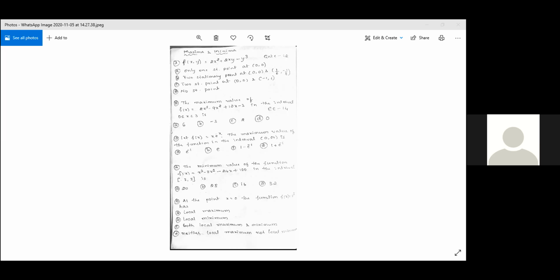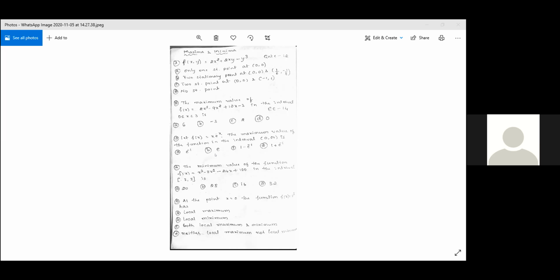Apply the same procedure for the third one, whatever we applied for the second one. Here the interval endpoints are 0 and infinity. First find the stationary points or critical points. After finding them, find the second order derivative, put in the stationary points, and check whether the function attains its maximum or minimum.